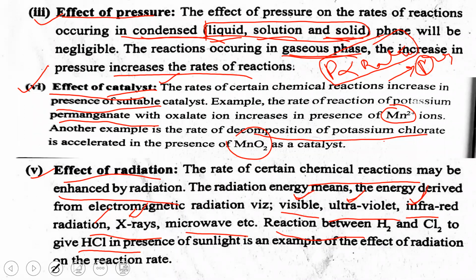Pressure: if you increase the pressure of the reaction, then the reaction rate also increases automatically. Catalyst also affects the rate of the reaction. Radiation also affects the rate of the reaction. If you increase the energy of the radiation, then the rate of the reaction automatically increases. So these are the factors.